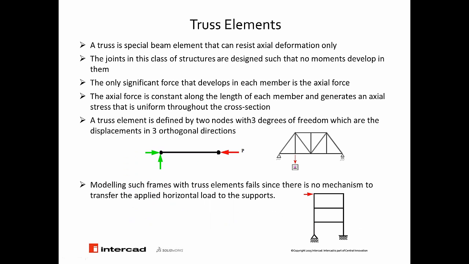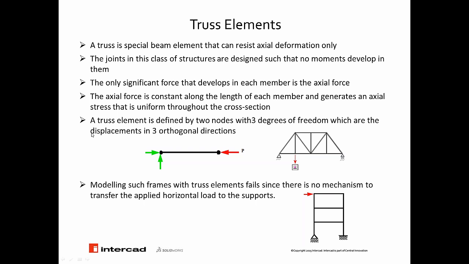Now, the last thing I would like to mention here is about truss elements, which is a spatial beam element which resists just axial deformation only. Therefore, in other words, we can say no moments are developing in such a structure, as you can see in this example, and there is no mechanism. If you have a structure where there is no mechanism of transferring moments, those structures can just go for the beams.